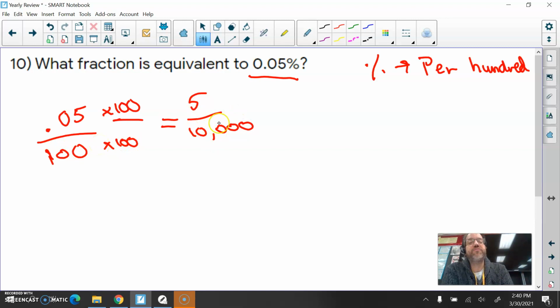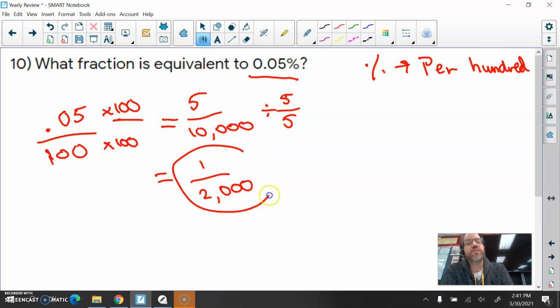But we can simplify this by dividing both of these by 5. 5 divided by 5 is 1. 10,000 divided by 5 is 2,000. So the fractional equivalent to 0.05% is 1 over 2,000.